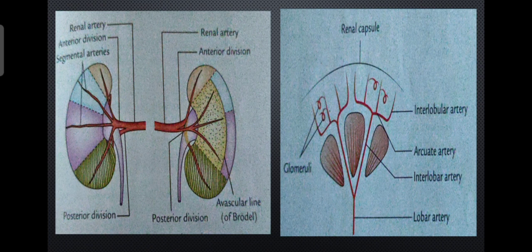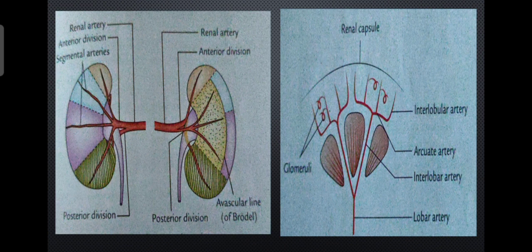They go into the capillaries, that is, the glomerular capillaries. Then from the glomerular capillaries they move on to the efferent arterioles, that is, going away from the glomerulus. Then these efferent arterioles form the peritubular capillary plexus. Then from the capillary plexus they continue as veins. Veins are named similar to the arteries.